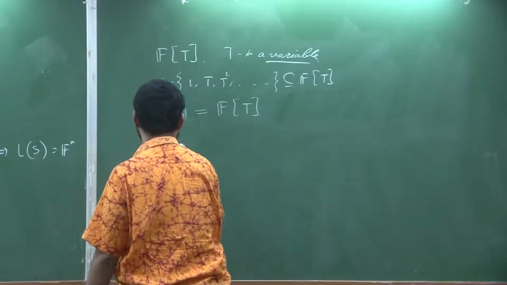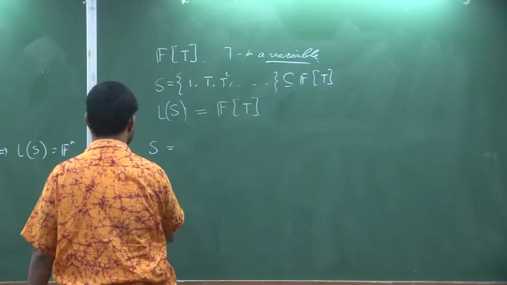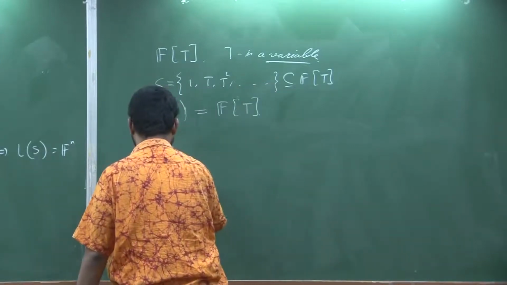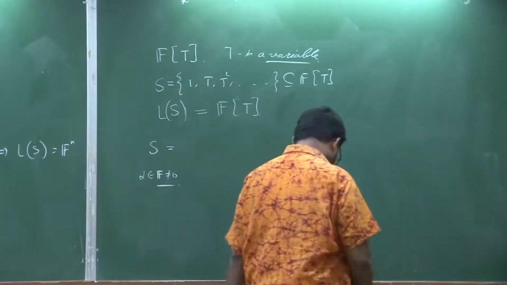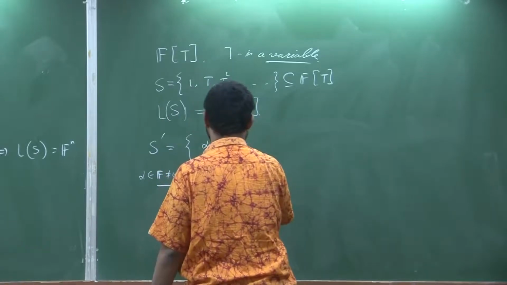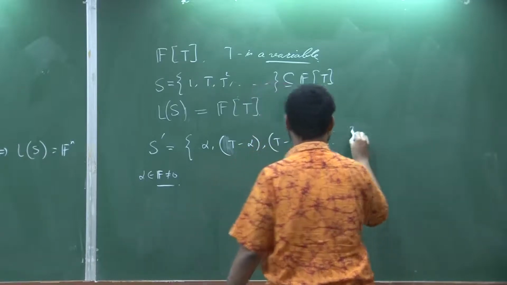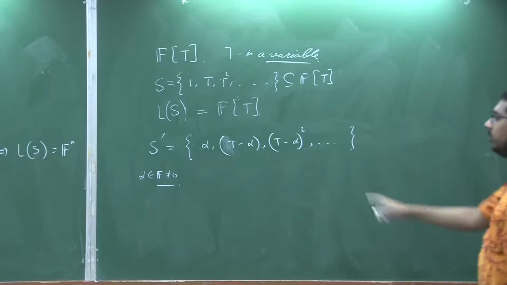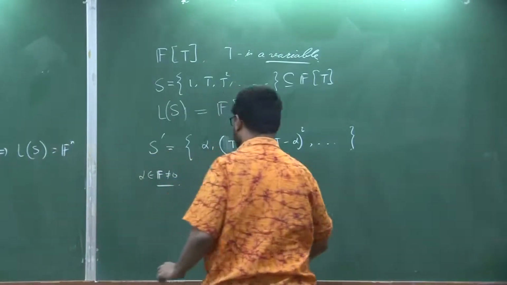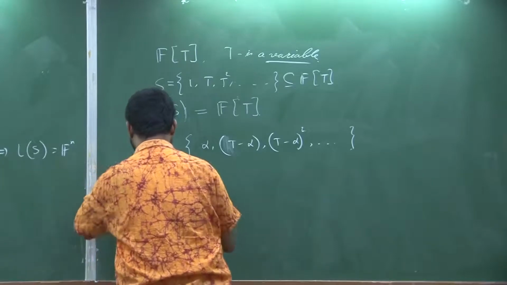Now, what I am saying is, you first start with any point in F, or let us say fix any non-zero alpha in F. Then you consider the set: alpha, t minus alpha, t minus alpha squared, all non-negative powers of t minus alpha.